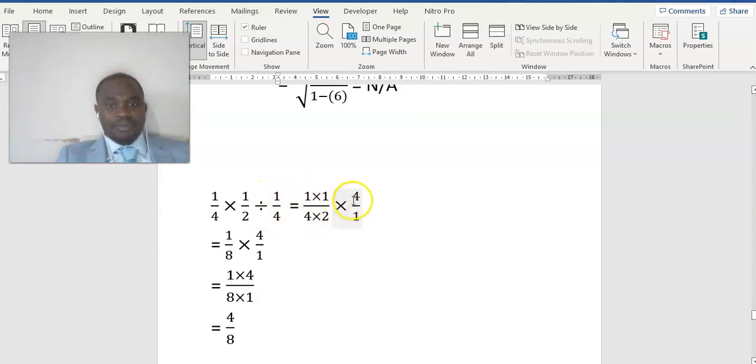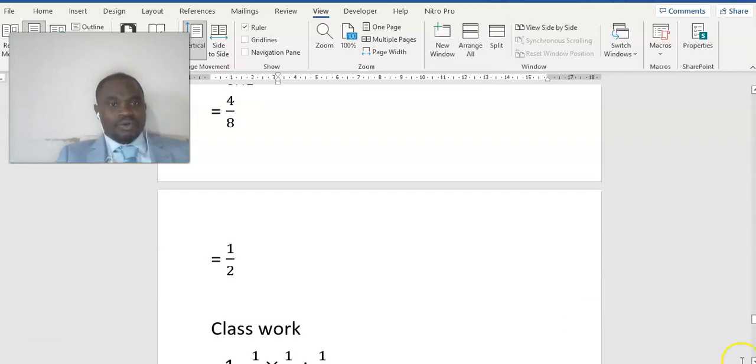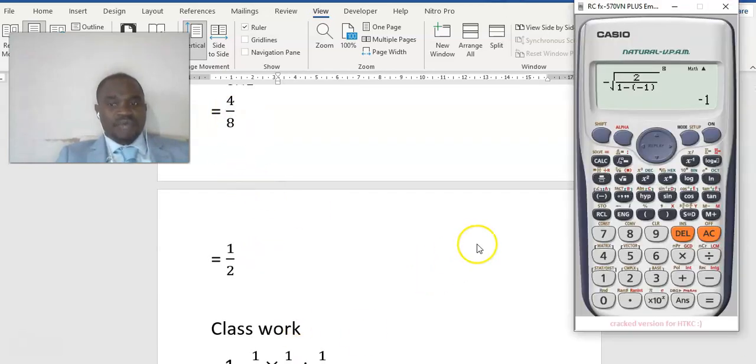Then 1 times 1 is 1, 4 times 2 is 8, times we have our 4 over 1. 1 times 4 will give you 4, 8 times 1 will give you 8. So 4 over 8 gives you half.